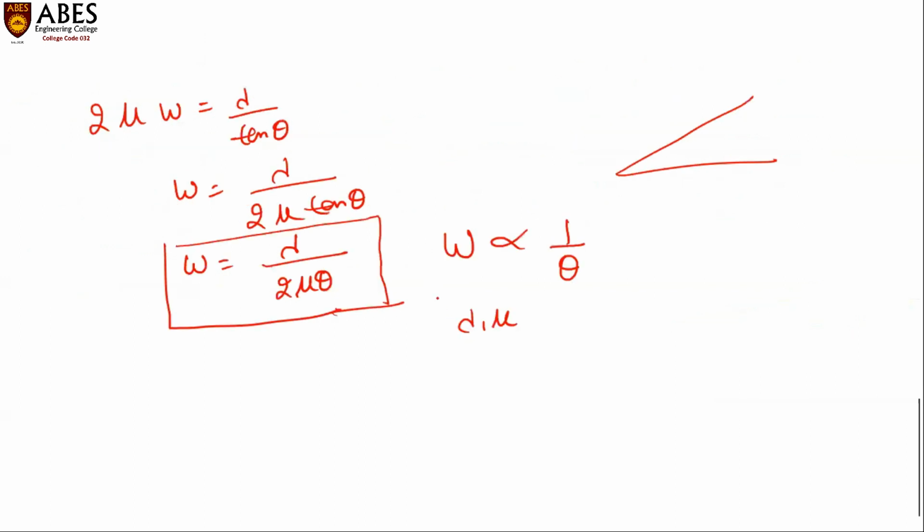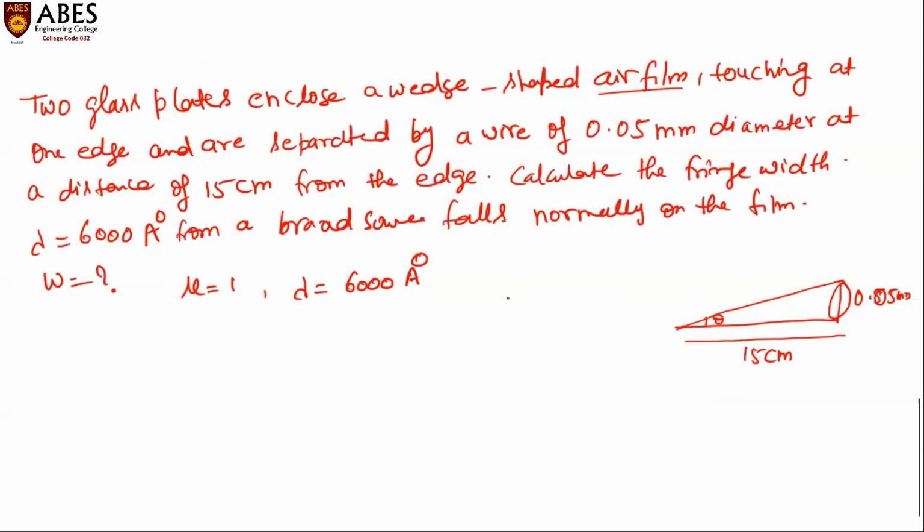For fringe width, we have a formula. Omega, which means fringe width, is equal to lambda by 2 mu theta. So for this question, we have to calculate omega. This is the unknown quantity. For that, we know the lambda, mu, and theta.